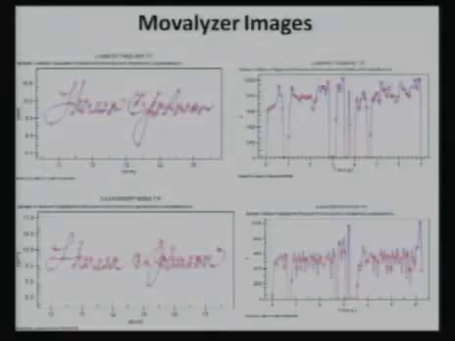If you look here, on your left is the genuine Theresa Johnson signature. On the right is pen pressure versus time. You can see here, pretty high up. On the signature below, on the bottom left, is a forgery of the signature of Theresa Johnson.